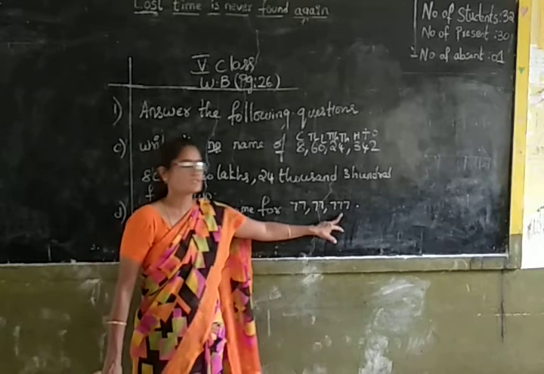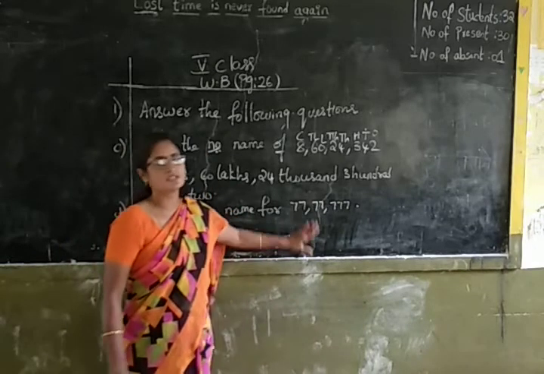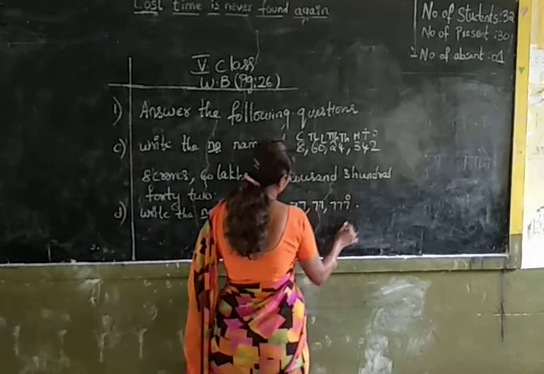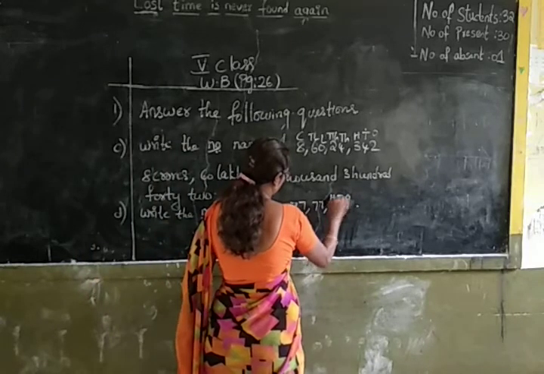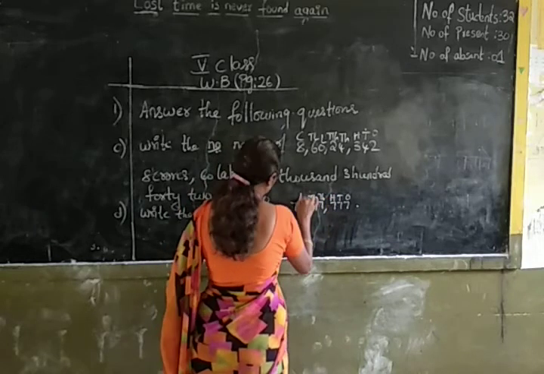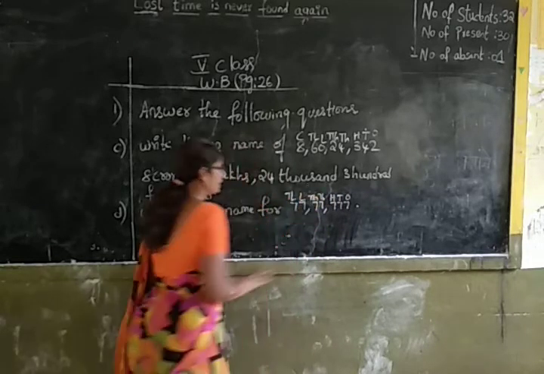Here the commas are placed after two numbers. So this number is in Indian place value system. So first let us write down the places. Ones, tens, hundreds, thousands, 10,000s, lakhs, 10 lakhs.